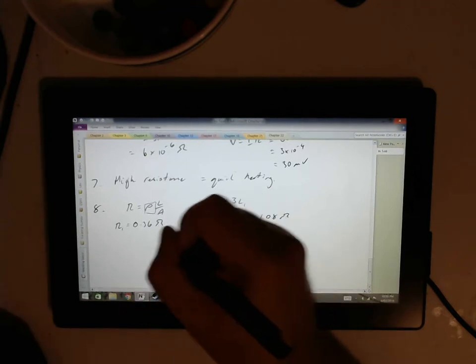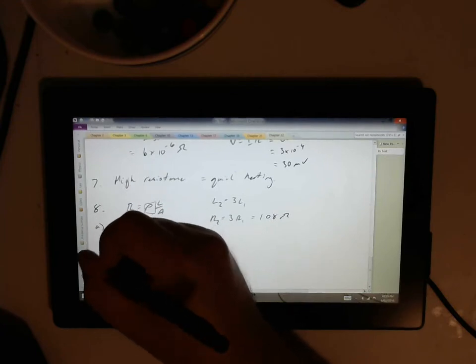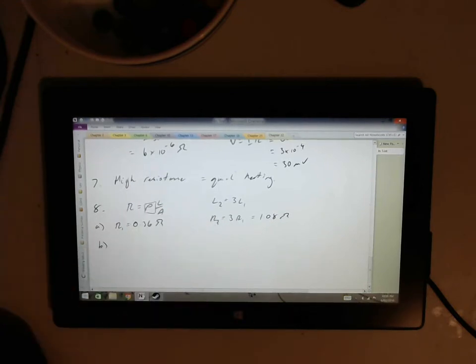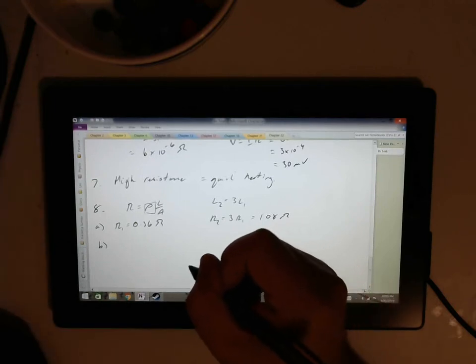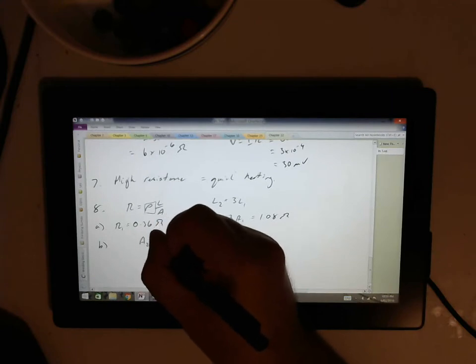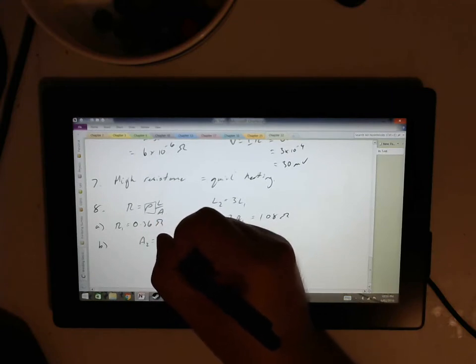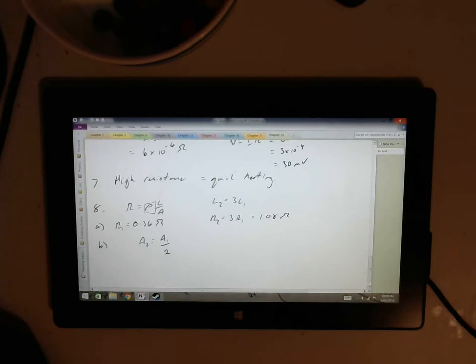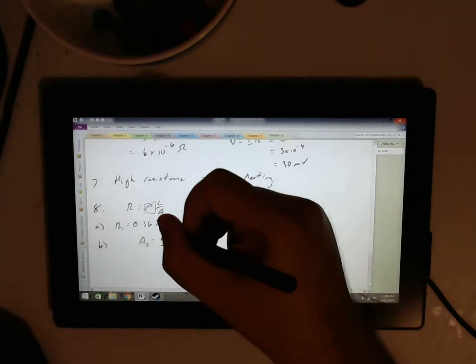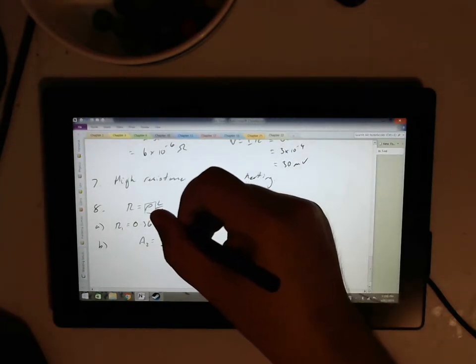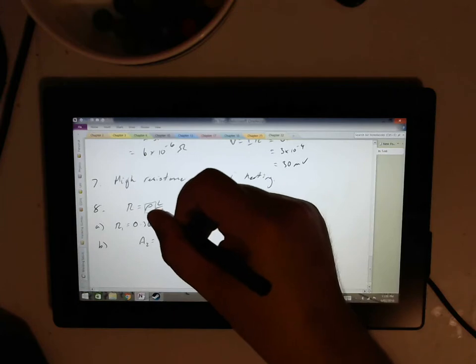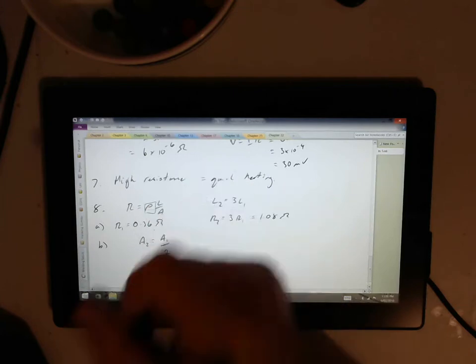Let's go to B. So that was part A. Part B says the conductor is only half the cross-sectional area of A. So area 2 equals area 1 divided by 2. If we put that in the formula, dividing by a half on the bottom is the same thing as multiplying by 2.